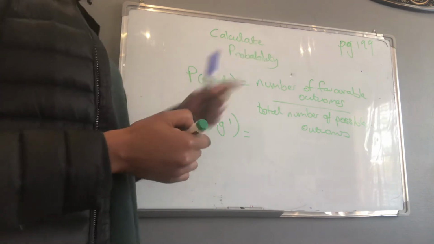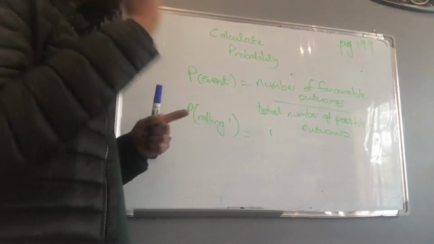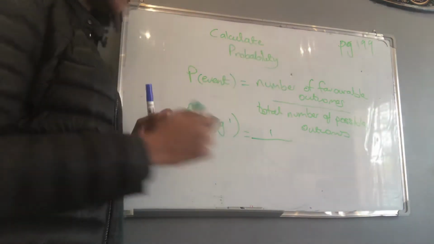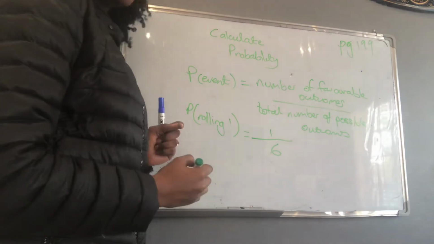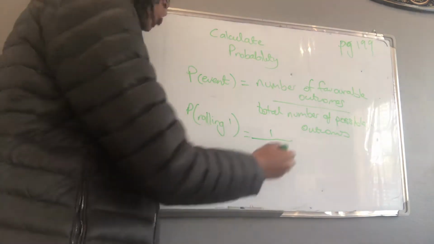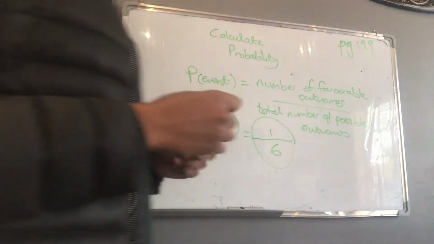The number of favorable outcomes would just be 1 because there's only one 1 on our die. And then the total number of possible outcomes is 6 because we have 1, 2, 3, 4, 5, 6 on our die.